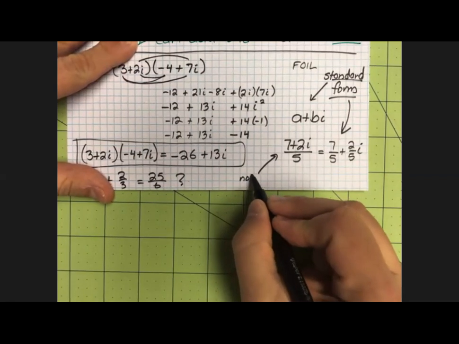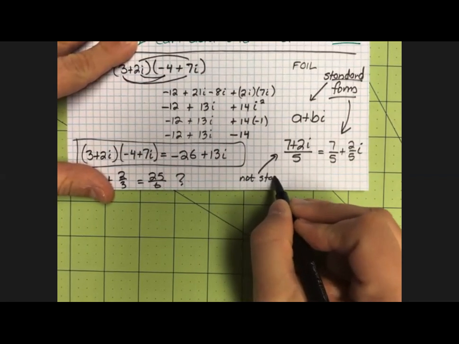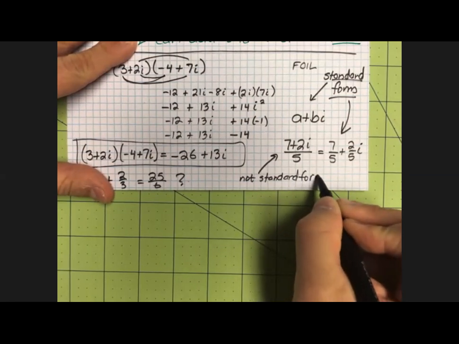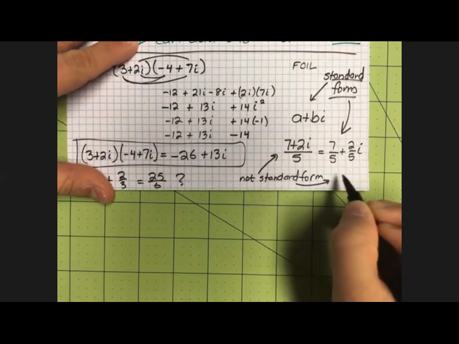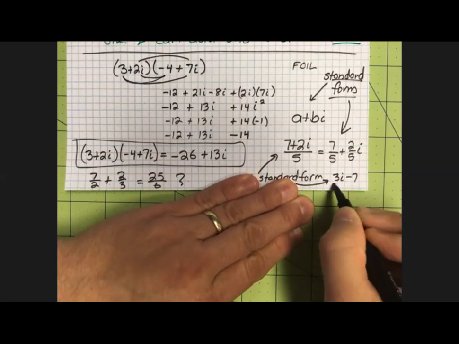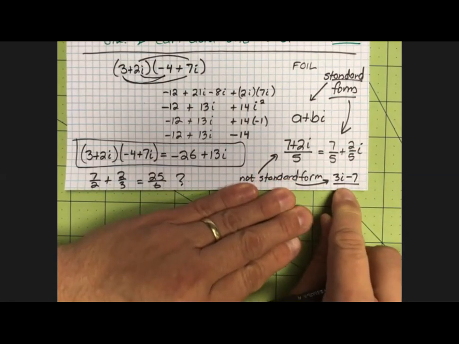This is not standard form. Or if you said 3i minus 7, I understand what the number is, but it's not in standard form. You write minus 7 plus 3i.